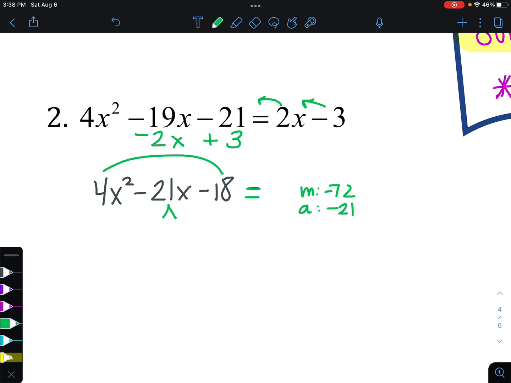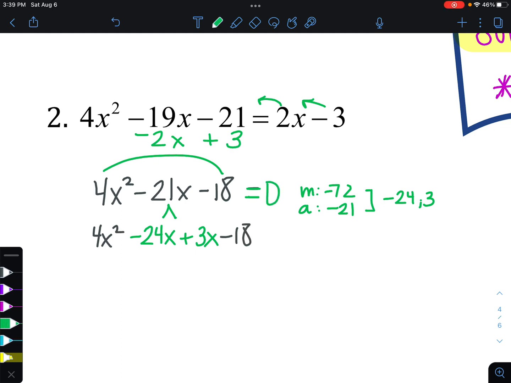Those two numbers are negative 24 and 3. Remember, you can use your calculator to get this. Take your time as you're figuring that out. So negative 24x and 3x. I'm going to drop the first guys down and the last guy down.